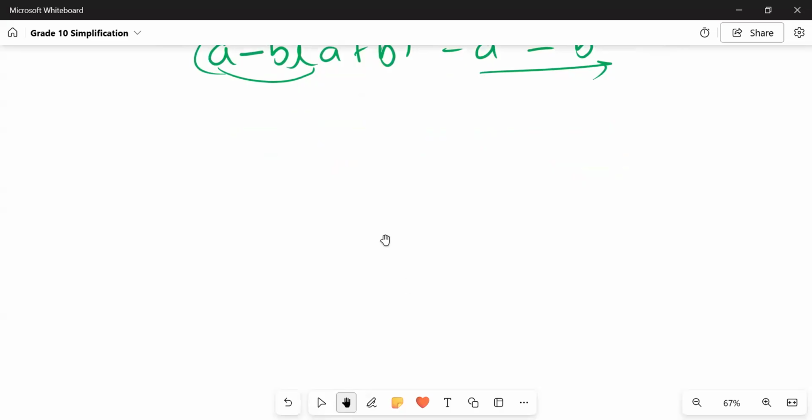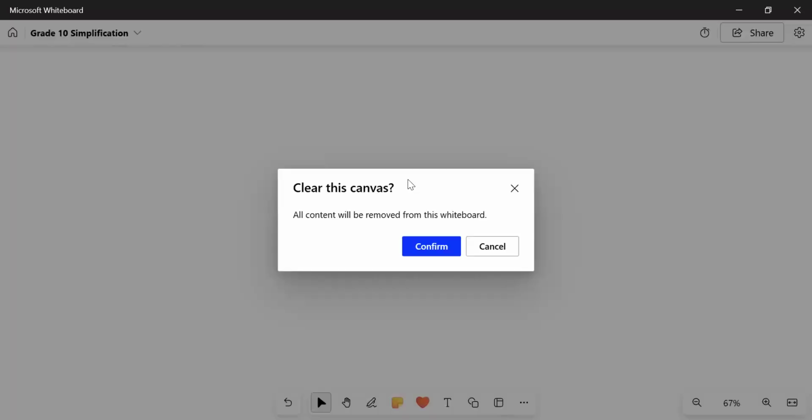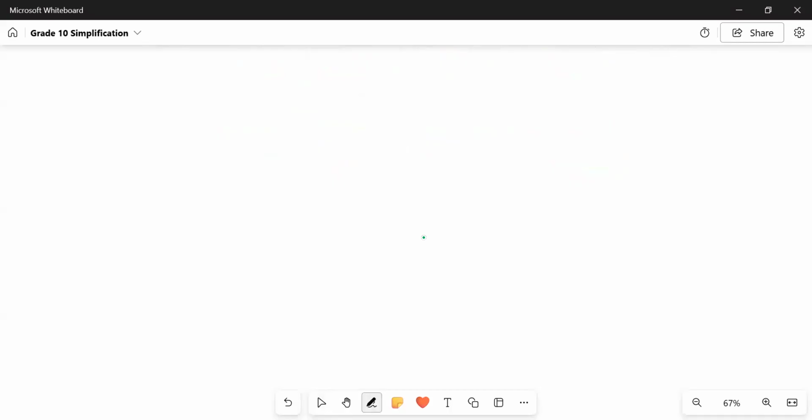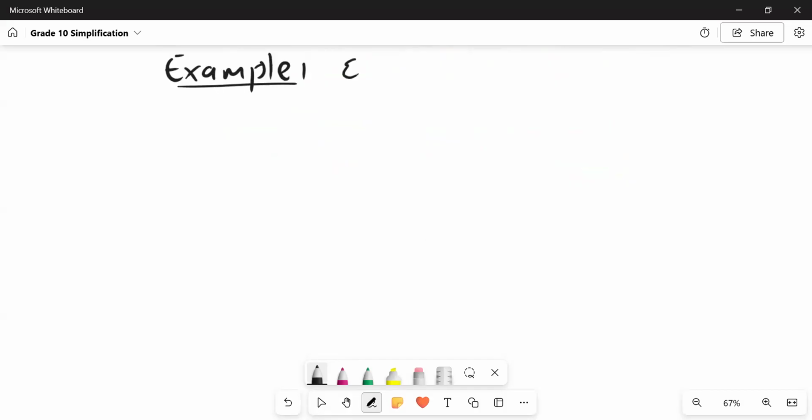So now let's move to example 1. Again, we have to expand and simplify.